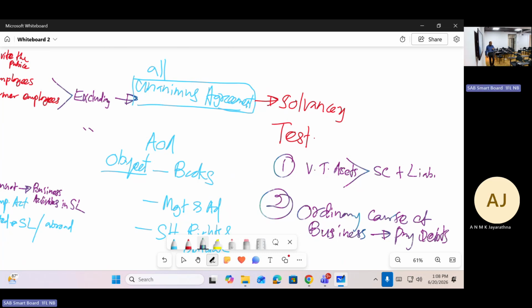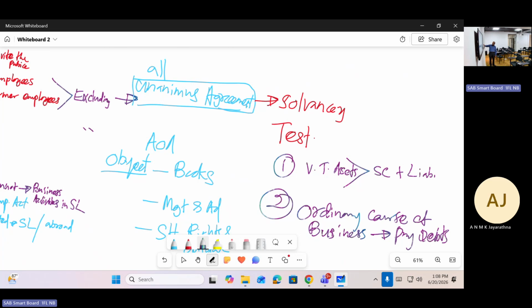So these are the two conditions. If the company is able to meet the solvency test, then by way of unanimous agreement, a private company can engage in any transaction, even if the transaction does not comply with the articles of association. Two conditions to be fulfilled.